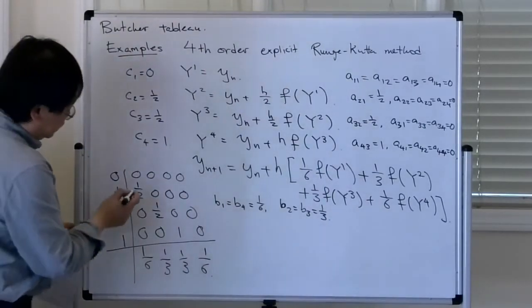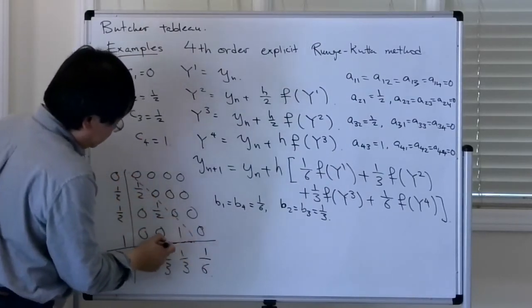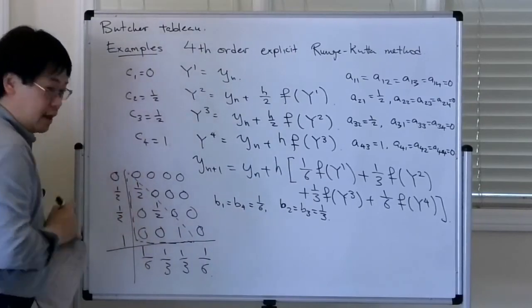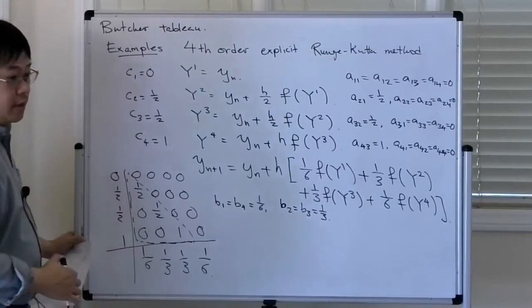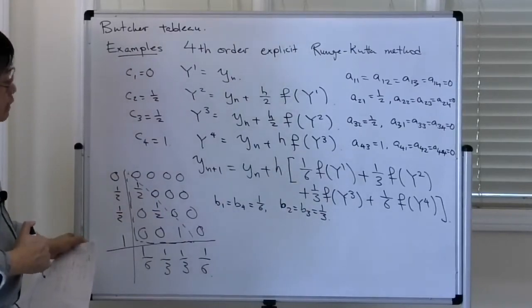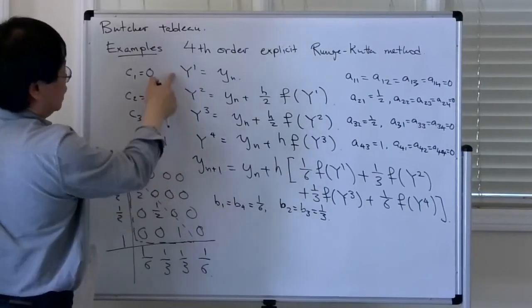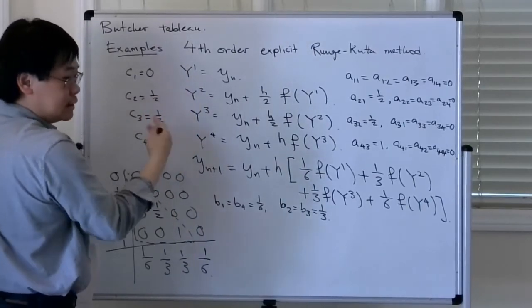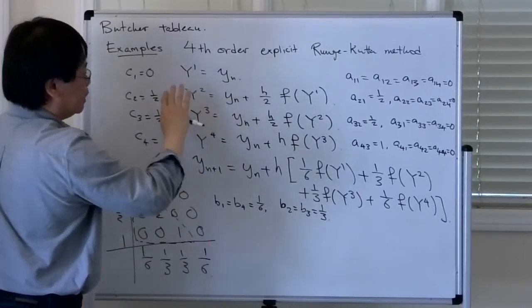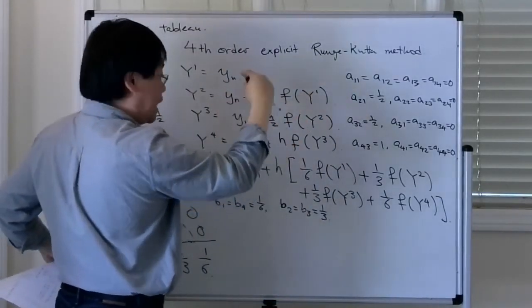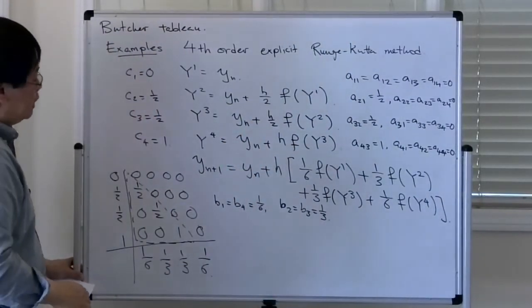As we saw before, this Butcher tableau has a matrix which is strictly lower triangular, and that implies that the method is explicit. And if you look at how the formulas are written, it should be fairly clear that this is something you could implement as stated in a way which doesn't require you to solve any nonlinear equations.